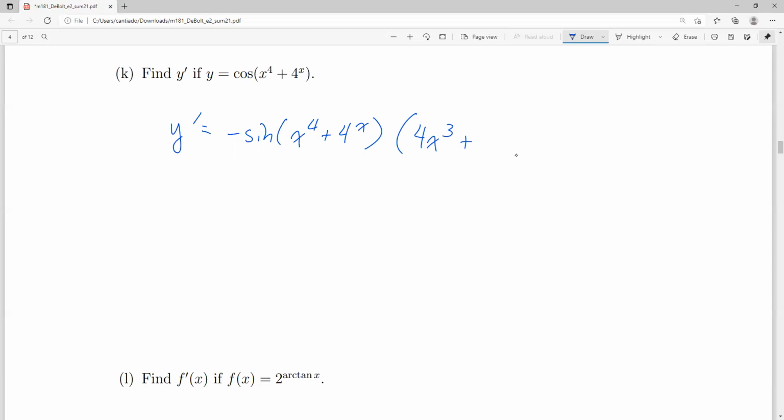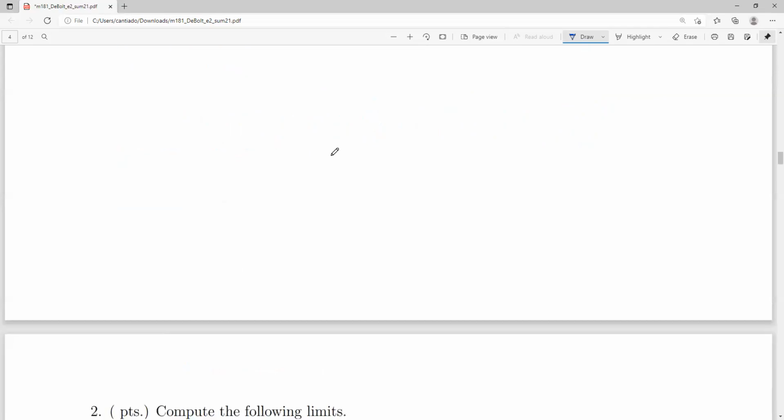If you remember, this is our general exponent derivative rule, which is copy the exponential, multiply by ln of the base, right? So this right here is your final answer. It's just double checking your understanding of chain rule and all that stuff.